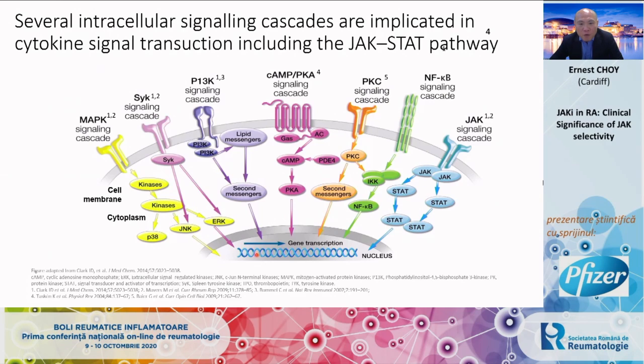And therefore it may be possible to inhibit these pathways. If we know which cytokines are involved, then we may target the specific pathway. So obviously, what we are going to focus on is the left-hand side of this slide, the JAK-STAT pathway. They are chosen because really the JAK-STAT pathways are involved in the signal transduction of many, many inflammatory cytokines that I will try to illustrate during this talk. Next slide, please.